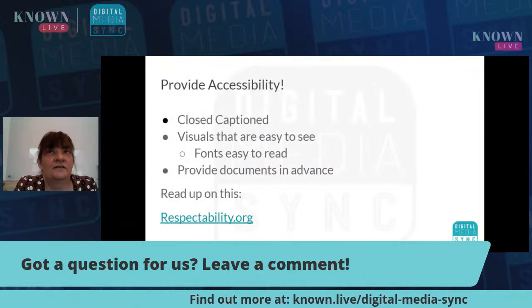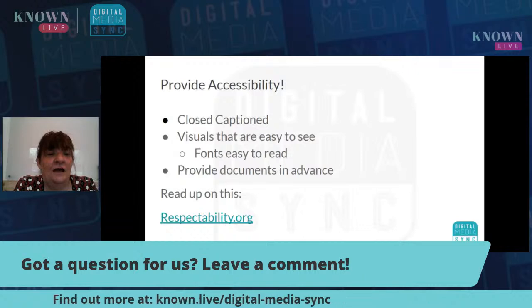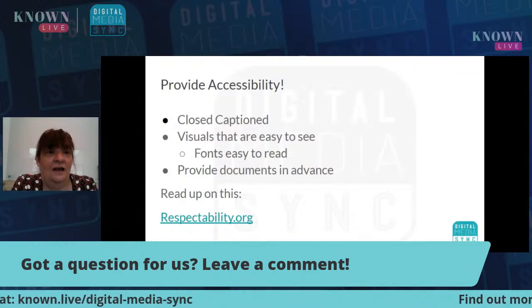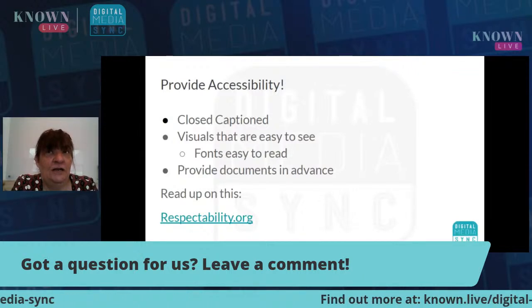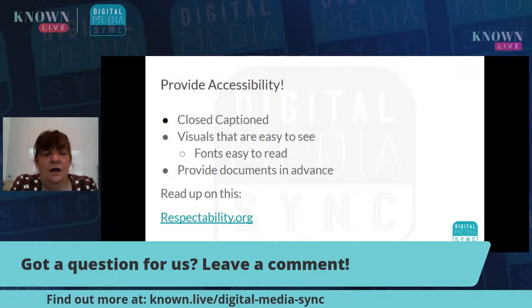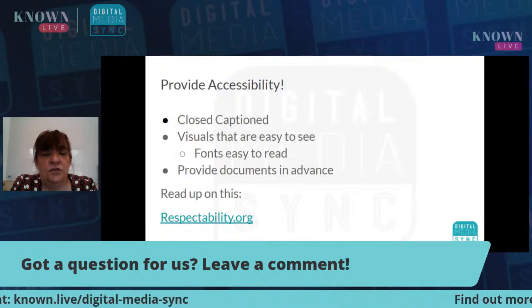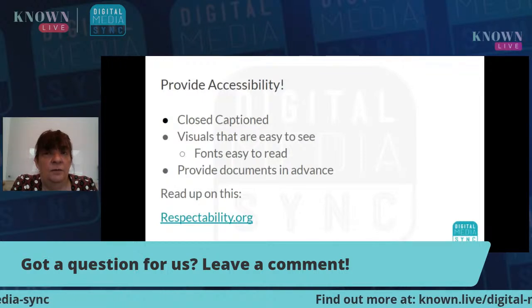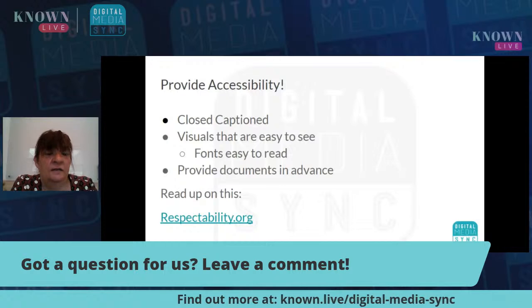So I want to discuss access from another aspect as well, and I have to give a shout out to Sharon Rosenblatt. She's probably not watching because she's probably working, but she has taught me a lot about different aspects of online accessibility.